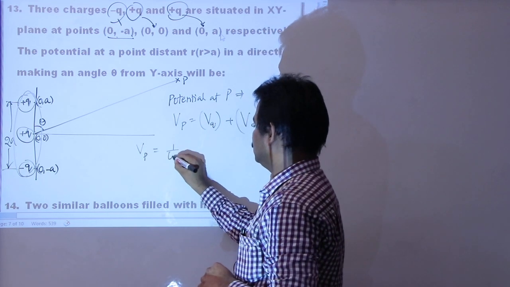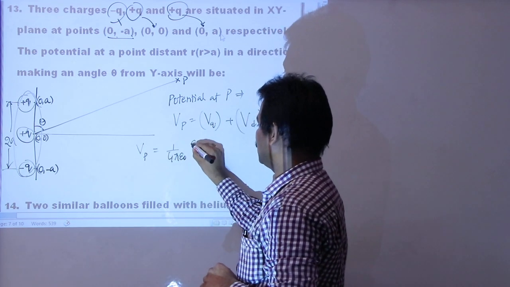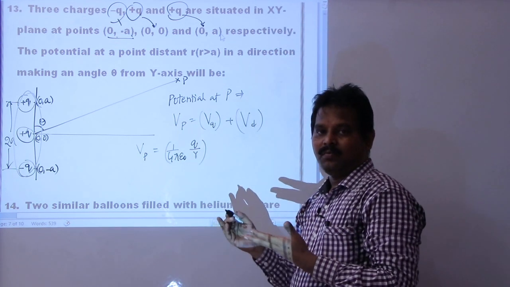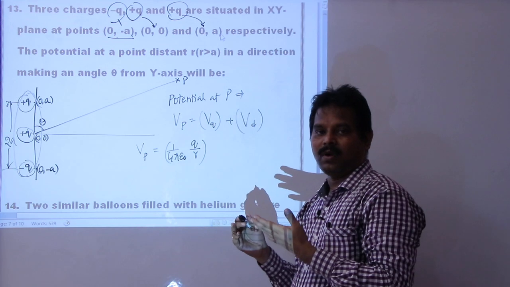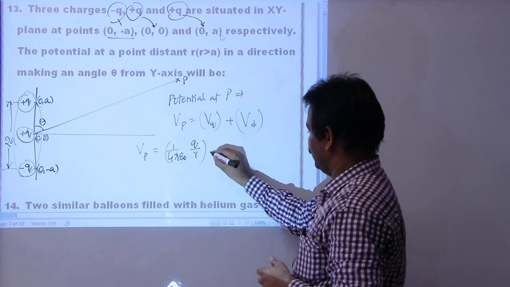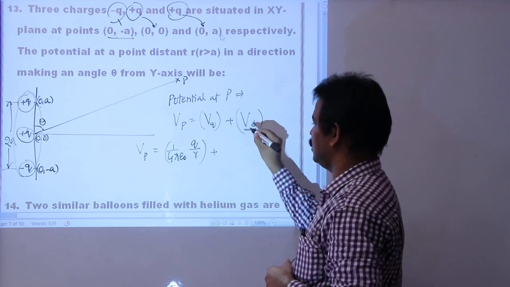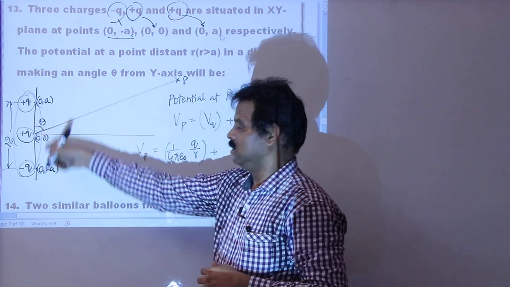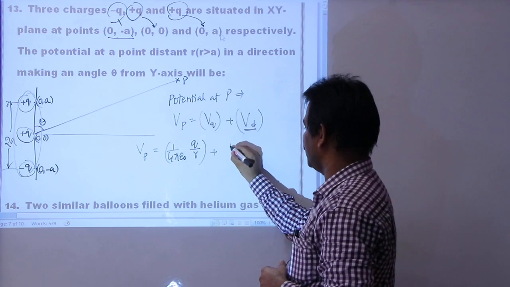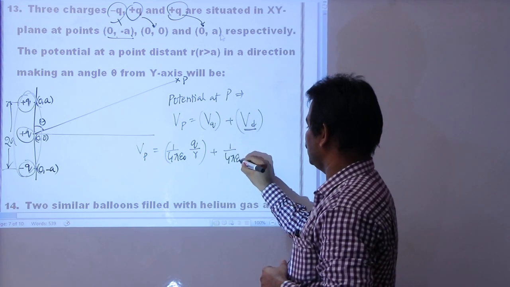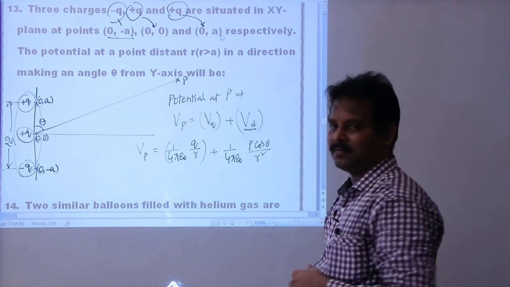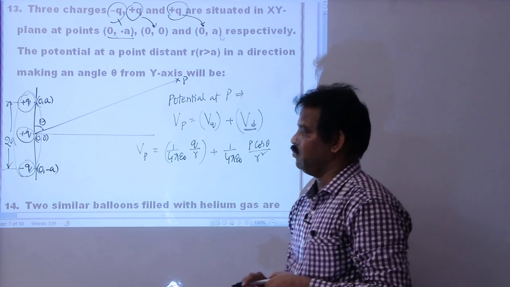Now the potential formula at point P, this is 1 by 4 pi epsilon naught, charge q by r. This is the first one. As potential is a scalar, no need to apply vector methods. Potential due to a dipole at a point making some angle with the dipole moment is given by 1 by 4 pi epsilon naught, p cos theta by r square.